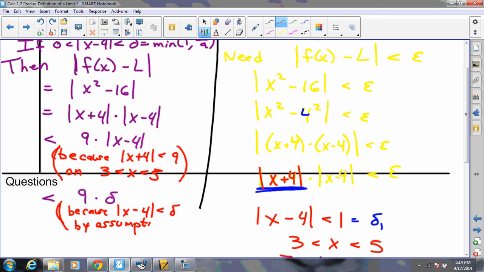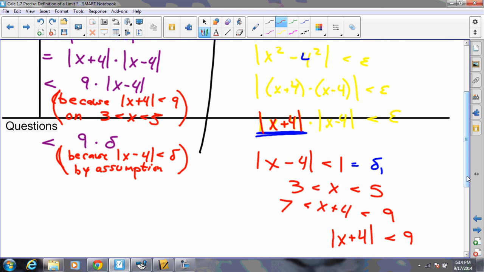Just makes it easier for other people to understand why you are correct. And switching back to purple, which is equal to 9 times epsilon over 9, which is equal to epsilon.